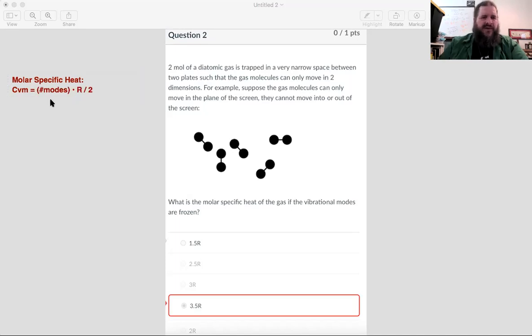I'm just going to write this as number of modes, but keep in mind that means number of modes per particle. And this formula automatically should standardize it to exactly one mole. If you want the heat capacity of the whole substance, that's going to be the molar specific heat times the number of moles.